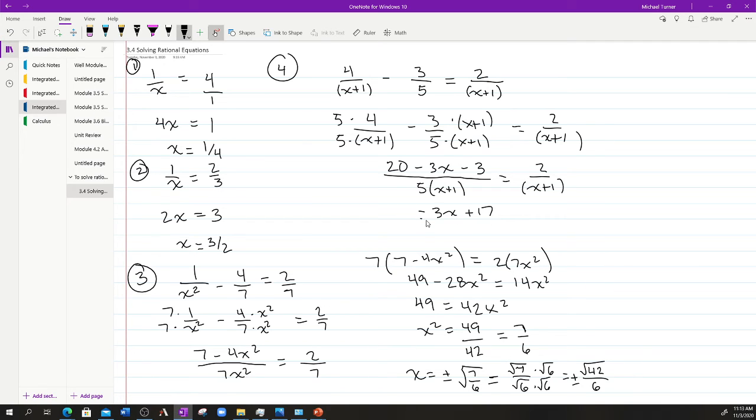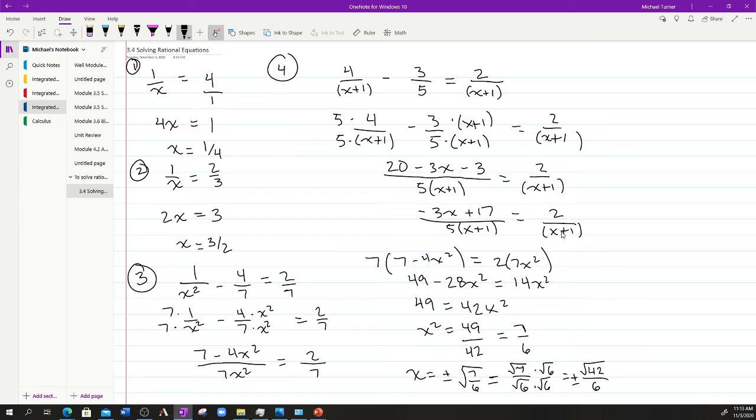However, I might also recognize that looking at the left and right-hand side, these are almost the same in terms of the denominator. And we talked about this in 4.3, where if I have the same denominator, I can eliminate it by multiplying both sides by that same expression.